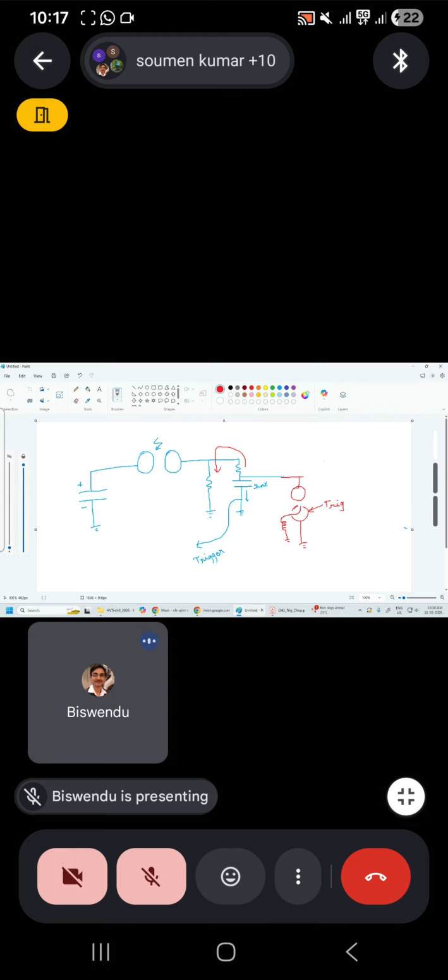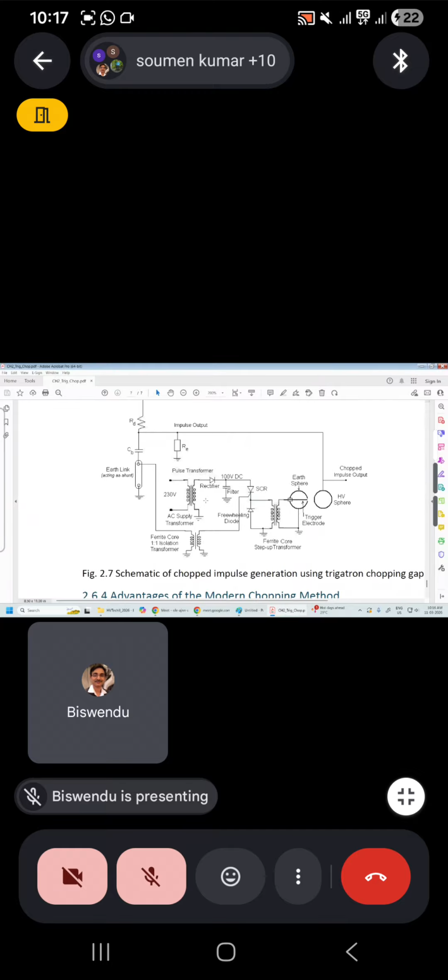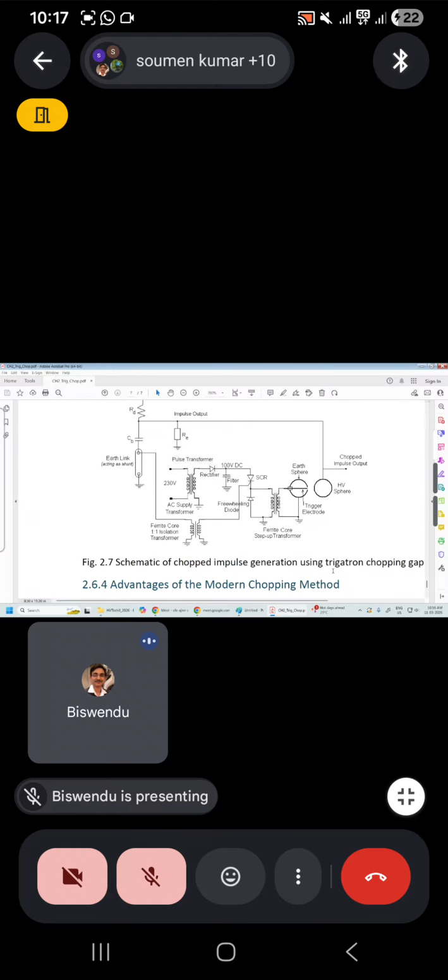This is R, and so the thyristor fires this gap and the impulse was rising. Within that meantime, this gap fires so that we get the chopped impulse in the laboratory. This is the basic thing. So this is the schematic.